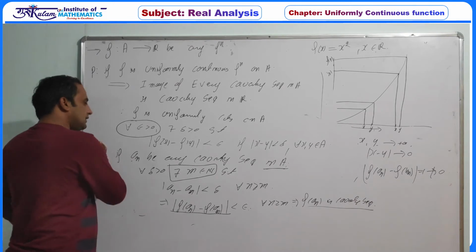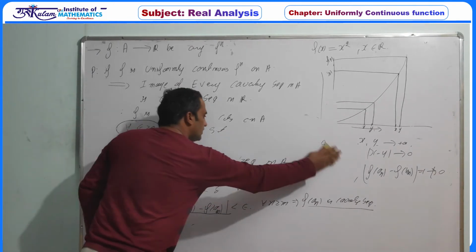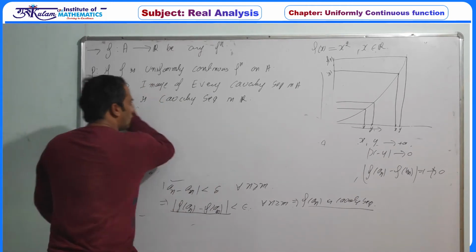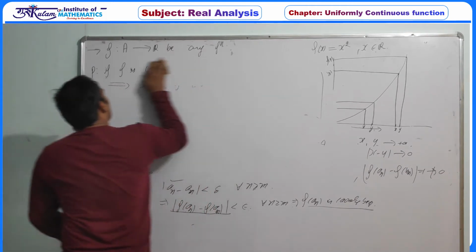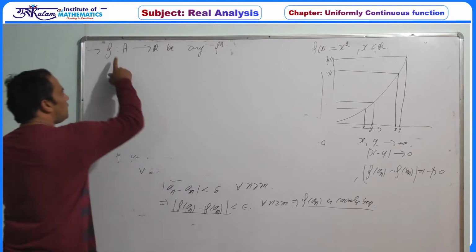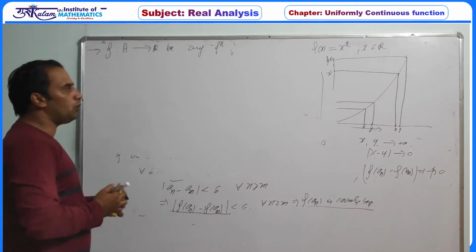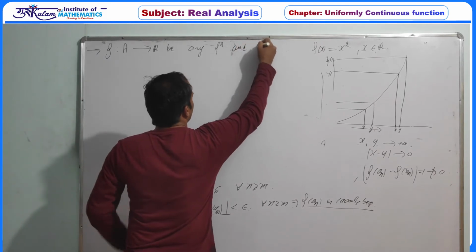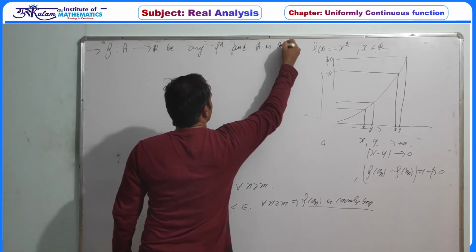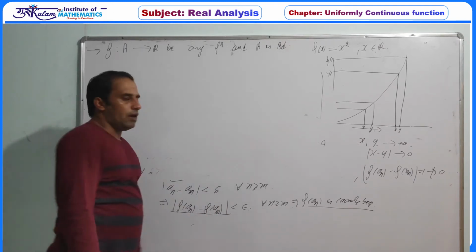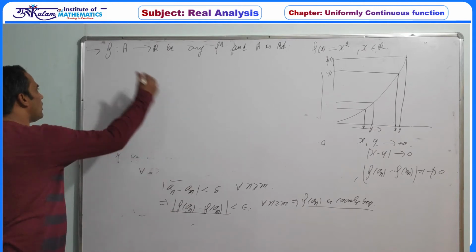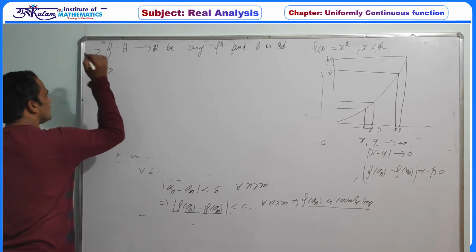Now what is the condition such that this Q statement is true? So for Q to be true, if your function f is any function which is defined from A to R and the extra information is that A is bounded, then what is the conclusion?